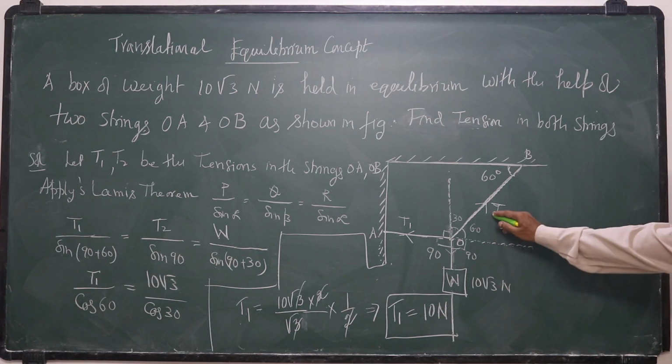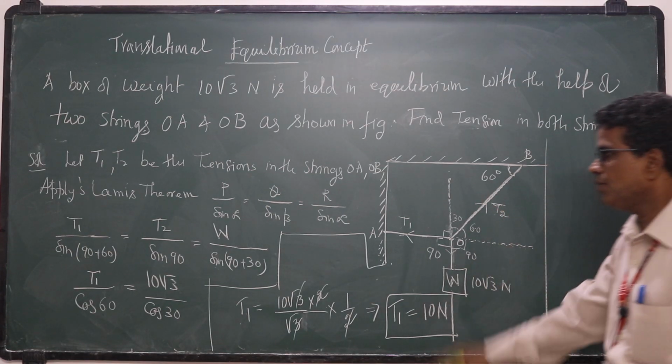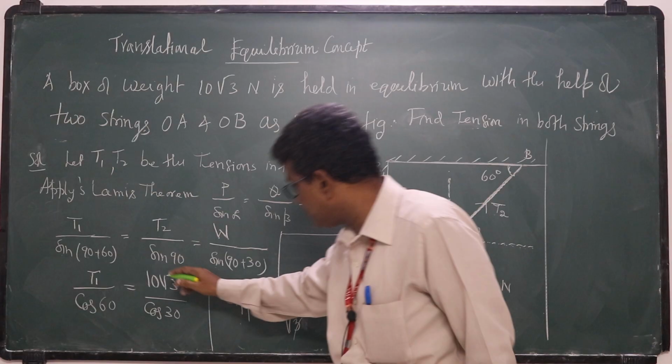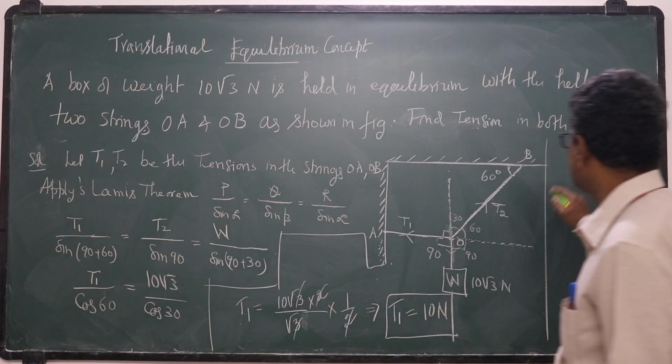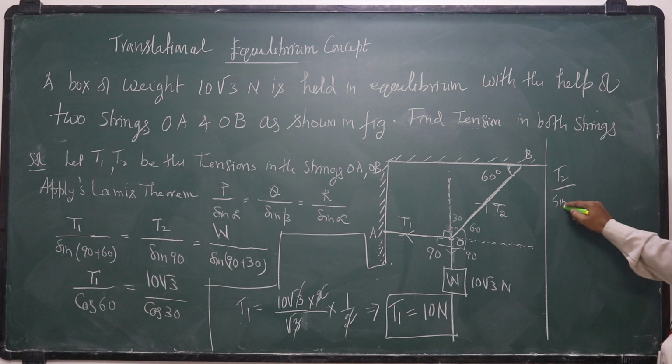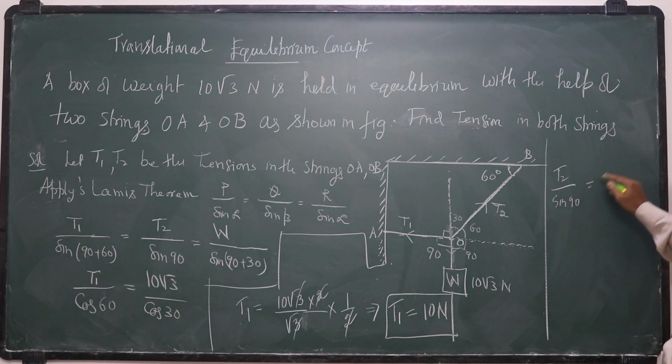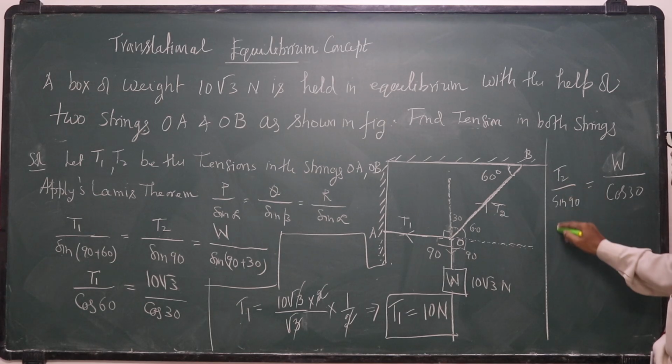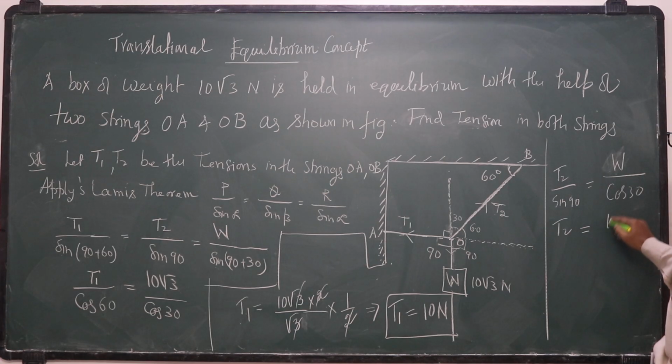Then I want T2, so I am equating these two. T2 by sin 90 is equal to W by sin(90 plus 30), that is cos 30. Sin 90 is 1, W is 10 root 3, and cos 30 is root 3 by 2.